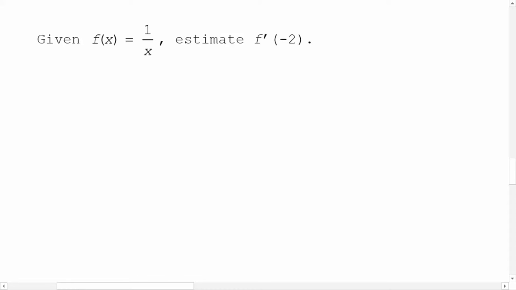I think it's h approaches 0. 1 over negative 2 plus h, and then minus 1 over negative 2. Okay, so we just got minus this negative, so plus 1/2. Just do plus 1/2. And that's all over h.